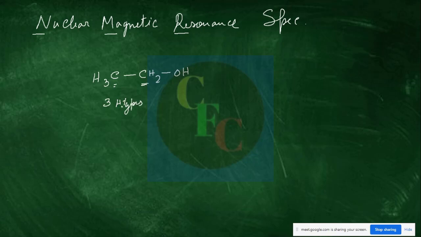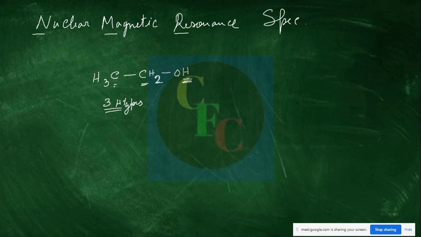These 3 are the same type because they are bonded to this terminal carbon, this CH3. But these 2 are a different set. They have different chemical properties than this one. And this hydrogen is bonded to oxygen, the alcoholic hydrogen, so it is different.